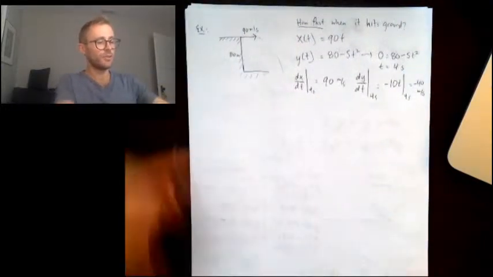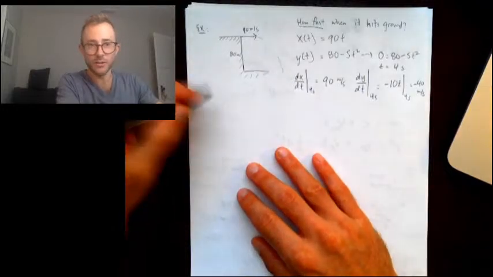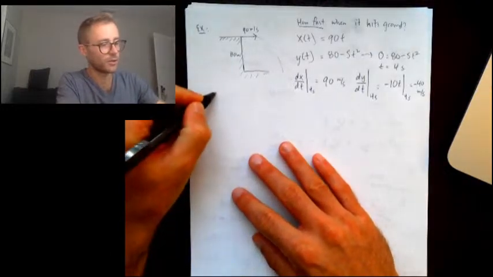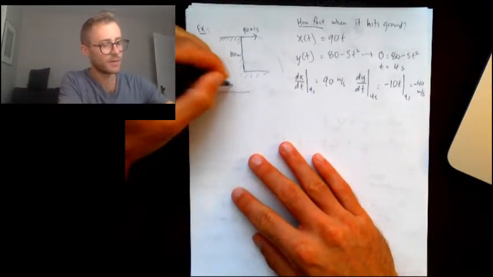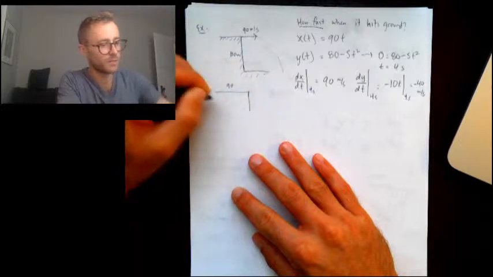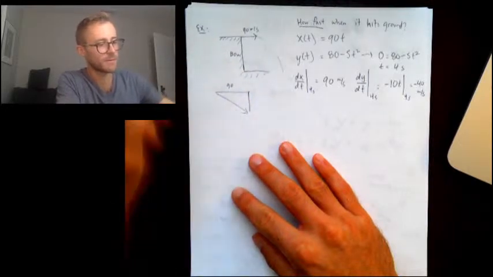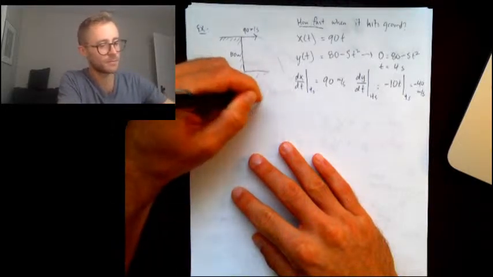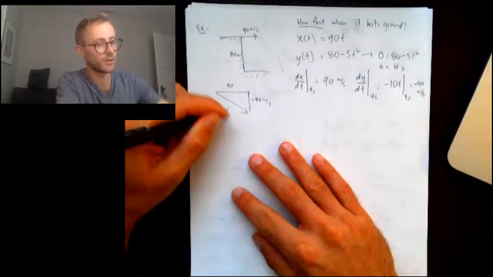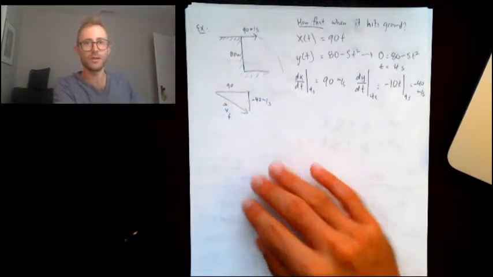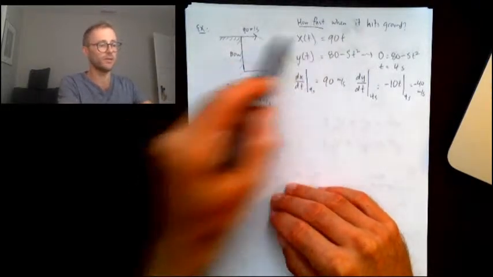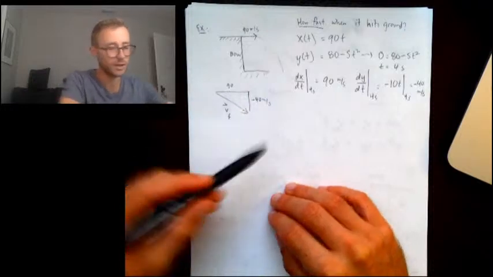So basically my final velocity vector goes over 90 and it goes down 40. So this is my final velocity vector. And I want the final speed, so I have to do the Pythagorean theorem on that.